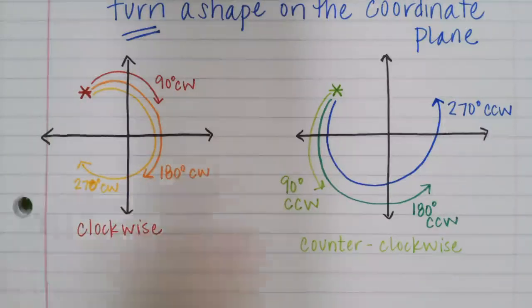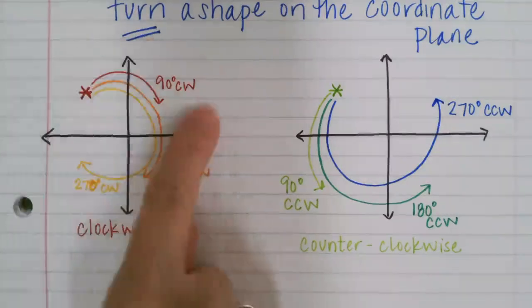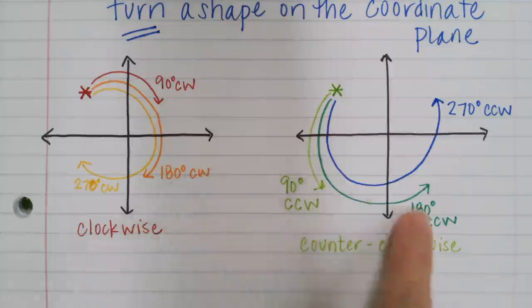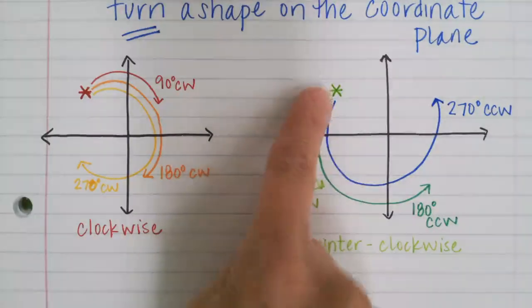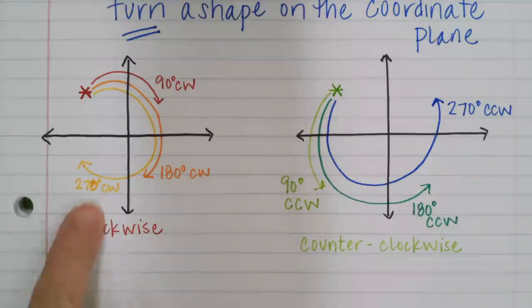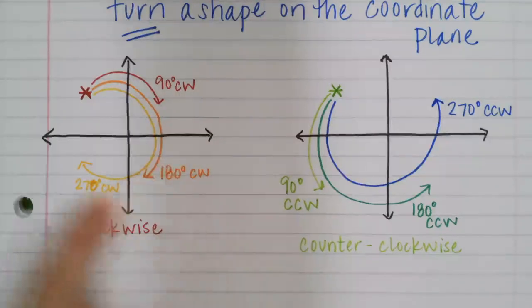And depending on which one we go, then we know if it's a 90-degree rotation, we're going to go 1 quadrant over. If it's a 180-degree rotation, we're going to go 2 quadrants over. And if it's a 270-degree rotation, we're going to go 3 quadrants over.